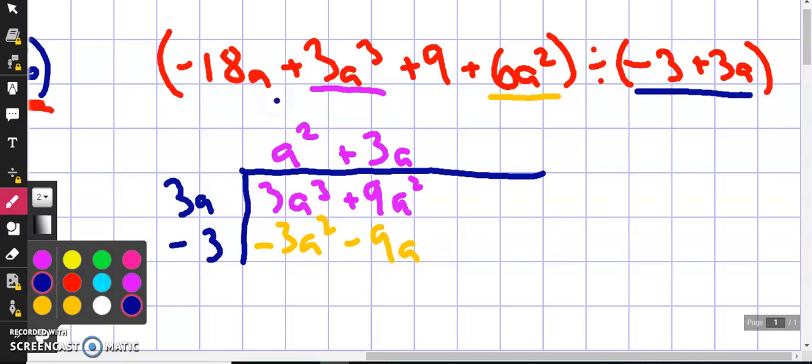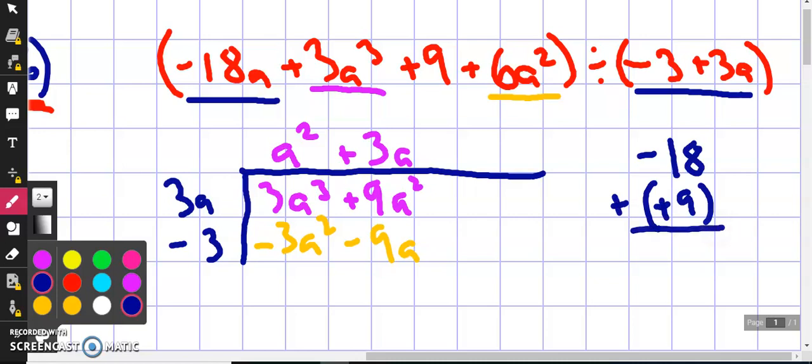So I notice there's a minus 18a over here. So if I'm confused as to what I'm missing, the minus 18 is what I have, minus 9, because the minus 9 was in the parentheses or inside the box. So this is another negative 9.